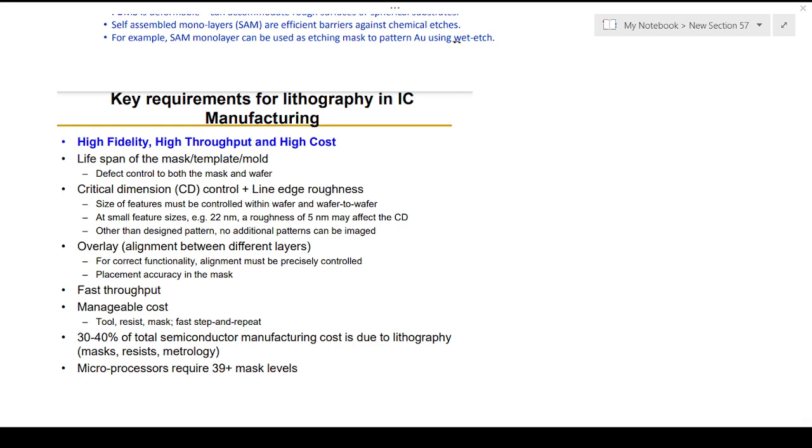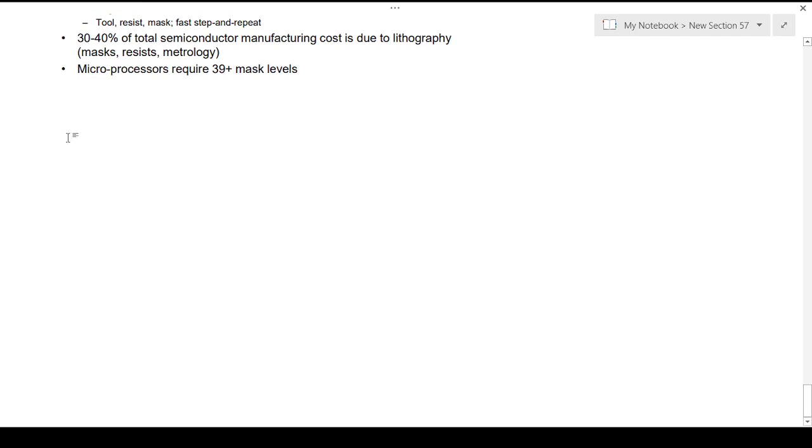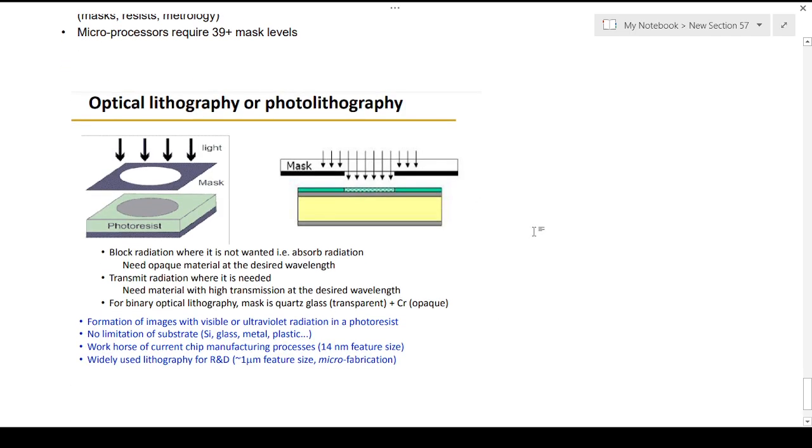And there is another lithographic method which we call the optical lithographic technique. In optical lithography, we have an optical mask, which we utilize to get a photolithographic technique. This is one of the important techniques used in photolithography.